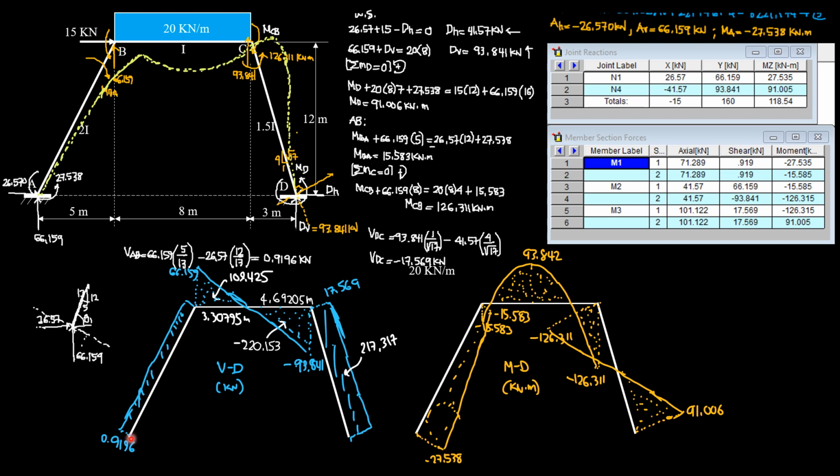then plus the area 0.9196 times 13, so it is negative 15.583 here, so it should close the shear. Then the moment, rather, negative 15.583, negative 15.585 in the software, so that's fine. Negative 15.583 plus 109.425 positive, decreasing, is 93.842. 93.842 plus negative 220.153, negative increasing, negative 126.311.